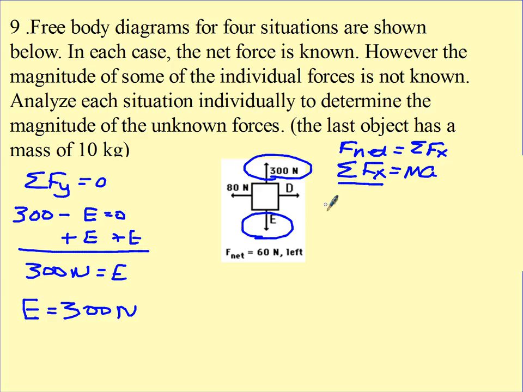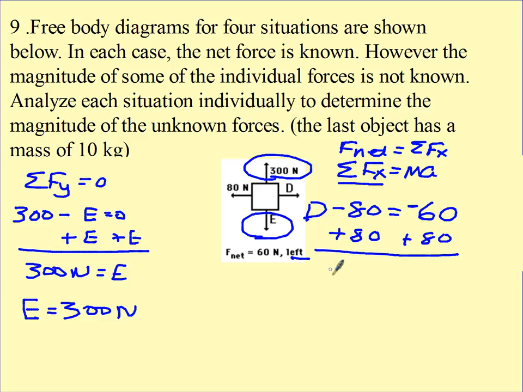I have D going to the right, so it's going to be D. Subtract off what's going to the left, so that's 80 newtons. And this equals F net. So, instead of writing all of this, I'm just going to put my 60 newtons. Now, this is to the left, so that is negative. Now I need to add 80 to both sides because I'm going to solve for D. Add it. So D, those cancel, I love crossing them out, is equal to 20 newtons.